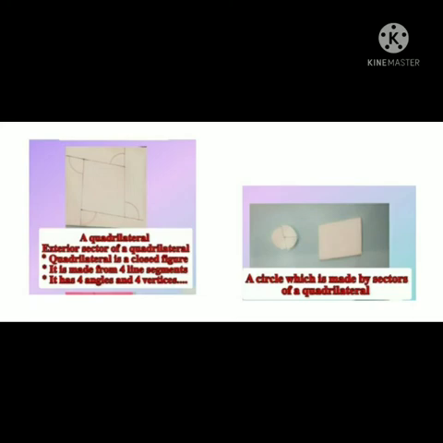It is made from 4 line segments and it has 4 vertices and 4 angles. As you can see on the right hand side of the quadrilateral, a circle is made by the sectors of the quadrilateral. This proves that the exterior angle sum of a quadrilateral is 360 degrees.